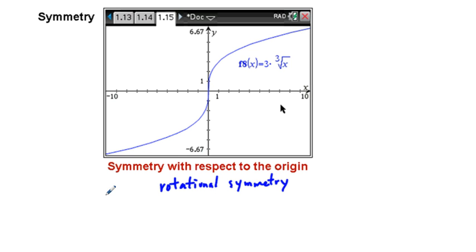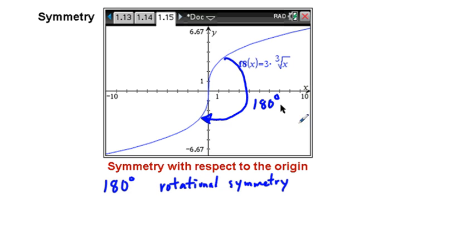This is 180-degree rotational symmetry, because if we take this cube root function and rotate 180 degrees in either direction, here I'm doing this clockwise, we're going to have a repeating pattern.